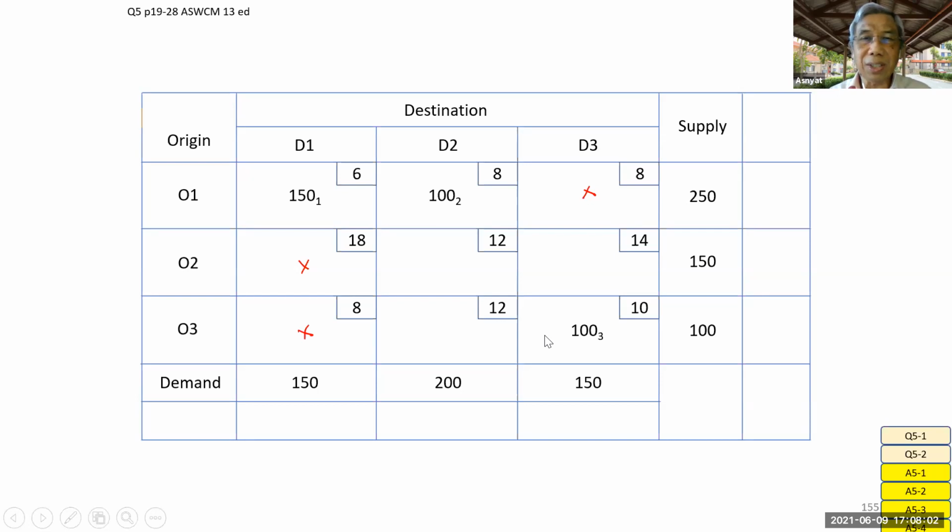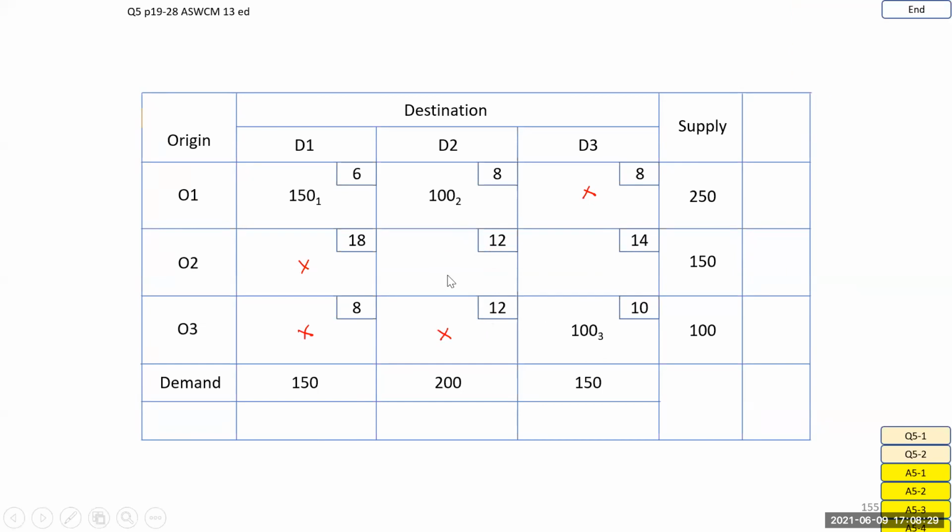And then the next least cost, we have 12 here, 14. Can we supply anything from here? All used up already, right? Here cannot. So we have this 12, the next least cost. How many units are you going to transport along this route? 100.